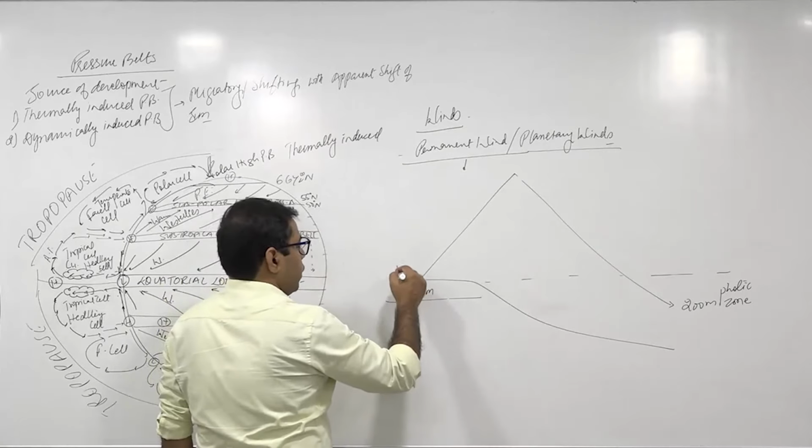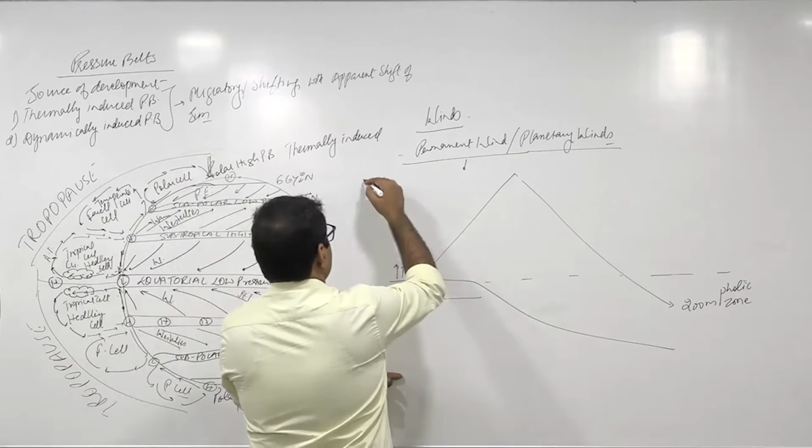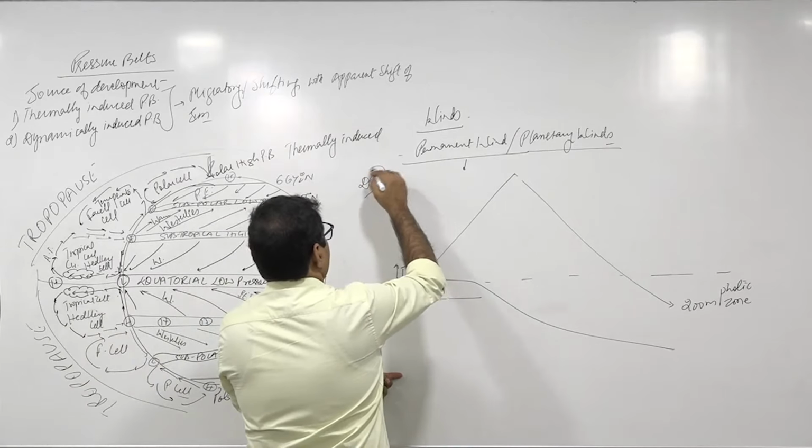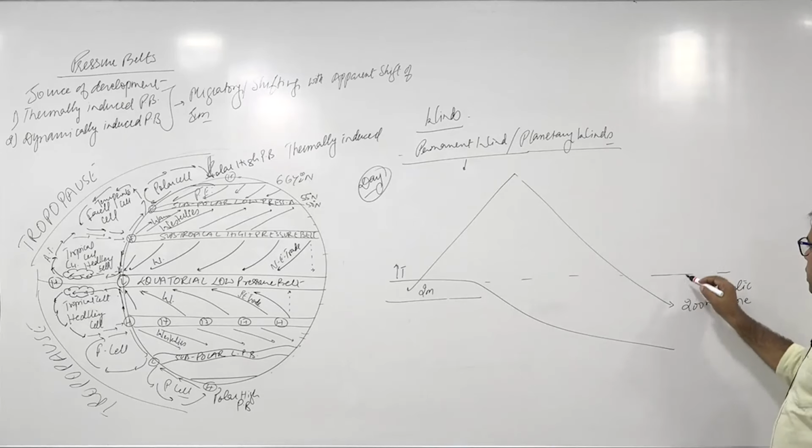So here, on land, the temperature will rise faster during the daytime because it absorbs more insolation. Here it is penetrating up to 200 meters, so relatively lower temperature will be recorded.